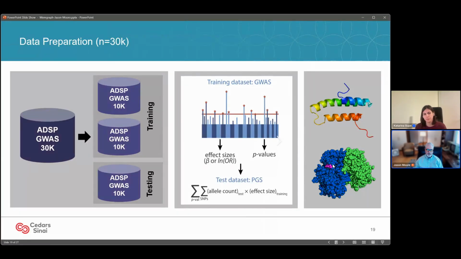There are about a couple thousand genes that are considered druggable based on their chemical structure. So the data set is about 30,000 rows of human subjects with and without Alzheimer's disease, and then a couple thousand columns of features or variables. We want to develop a machine learning classifier based on the couple thousand genes for predicting who has Alzheimer's disease versus who doesn't. So that's the goal here.